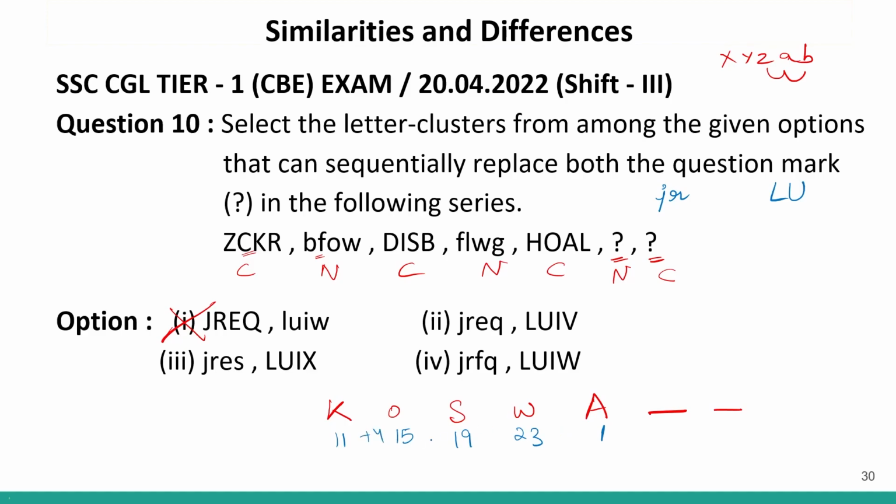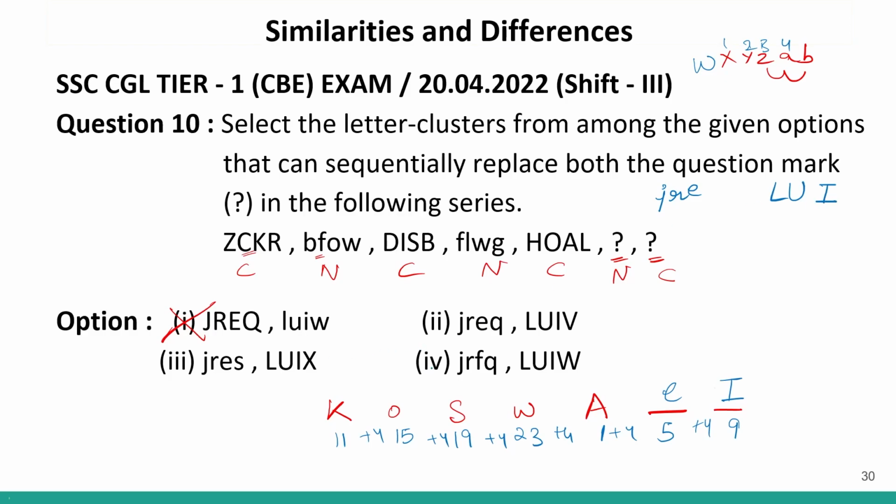So plus 4, plus 4, plus 4, and here also 1, 2, 3, 4. So plus 4. So if I go plus 4 here, I'll get 5th rank, which is E. Correct? And plus 4 here, I'll get 9th rank, which is I. So this will be E and this will be I.